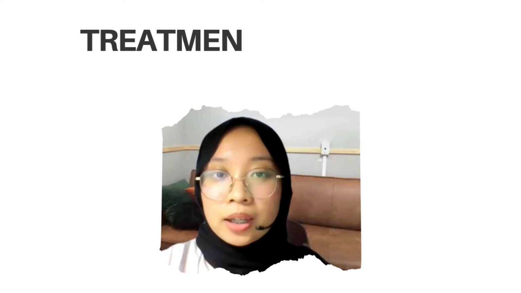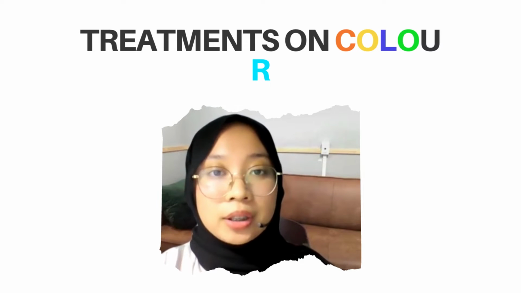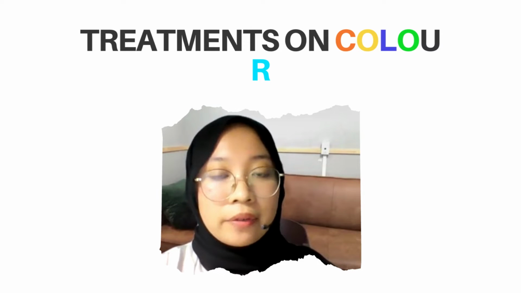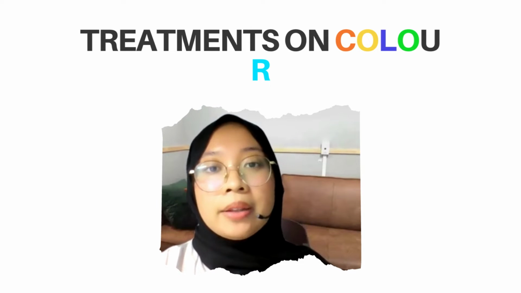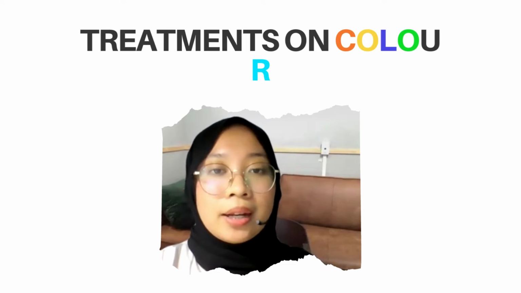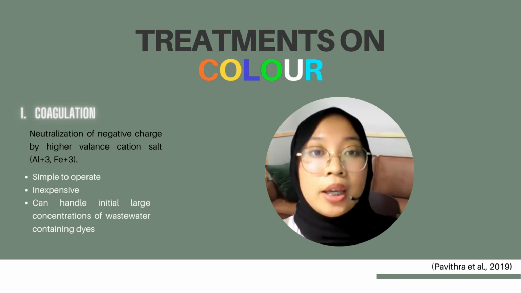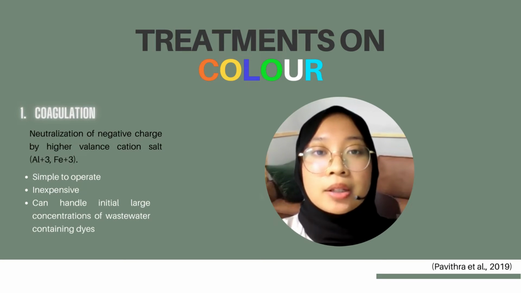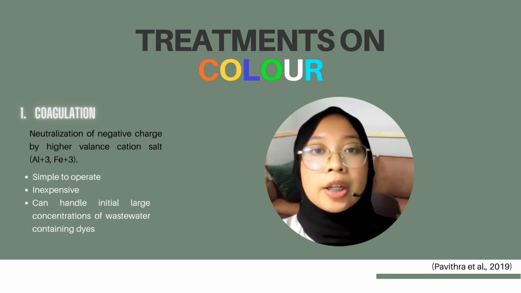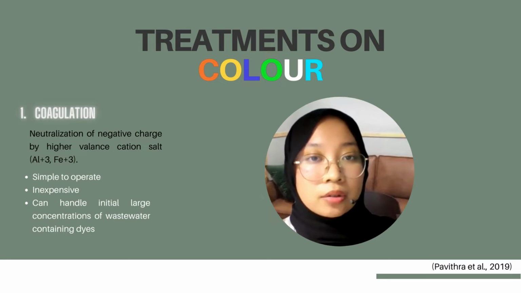For the treatment of coloring, I will highlight 4 treatments that are conventional and are known to be inexpensive and easy to handle. The methods include coagulation, membrane treatment, biological treatment, and adsorption. Coagulation is a physical-chemical process. It is a process involving changes in the physical properties and chemical structure of substances by neutralizing the anionic particles by adding cationic salts.